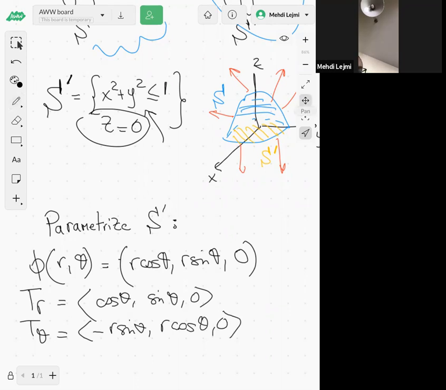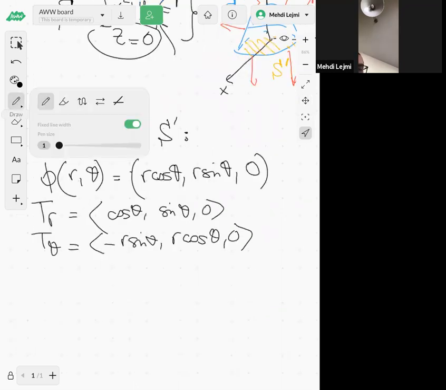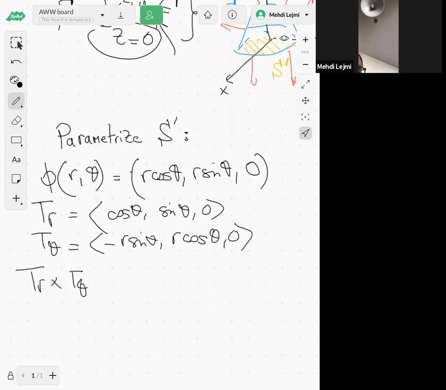And then you do the normal vector. You need to check that you have the correct orientation, right? T r cross T theta is 0, 0, and then r. Be careful, this is a positive k component.